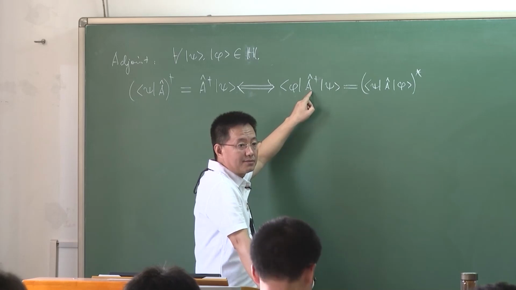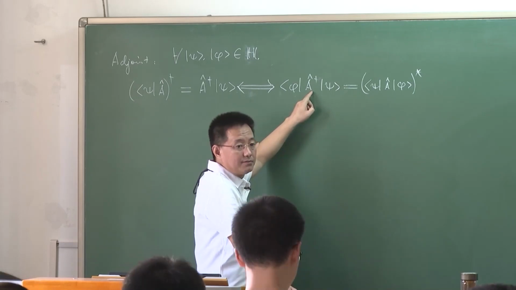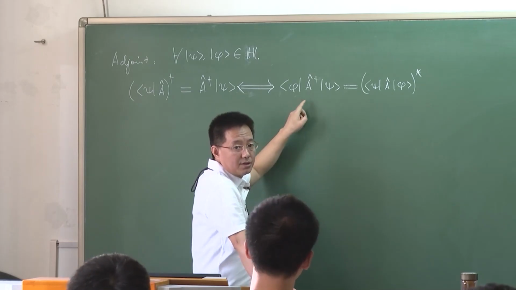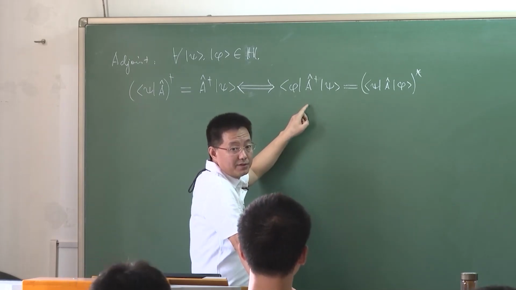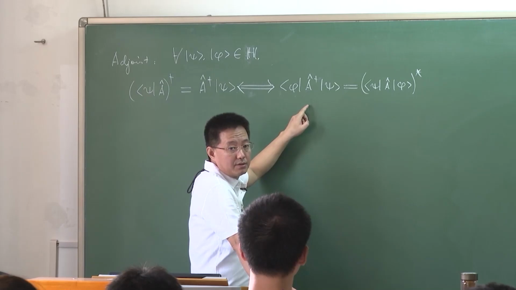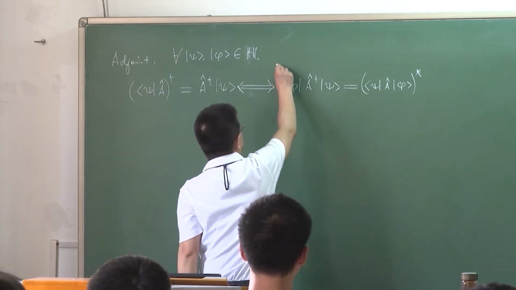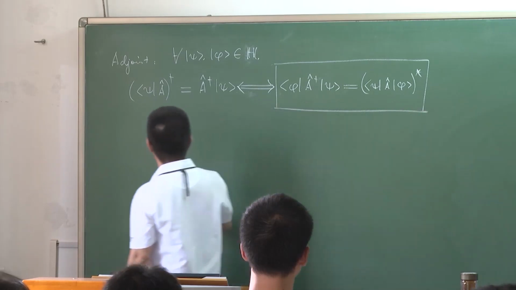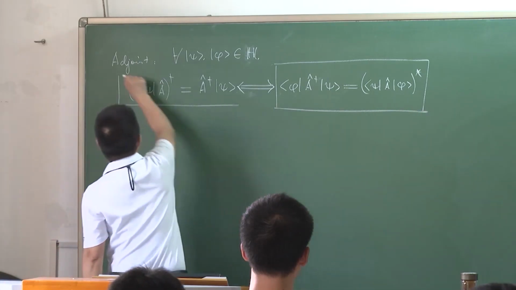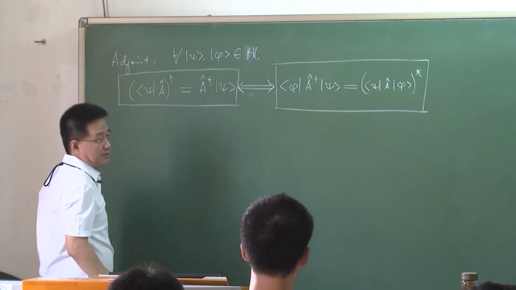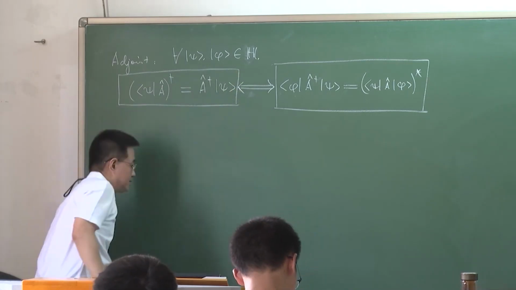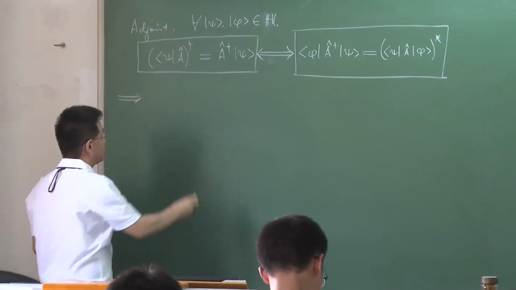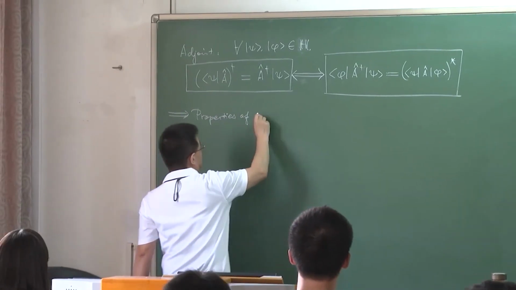Because this is valid for arbitrary state vectors psi and phi, this relation holds as the definition of the adjoint of the operators. Okay? So this is the definition of the adjoint of the operators. And this is also the definition of the adjoint of the operators. And from this you can find some properties of the adjoint.